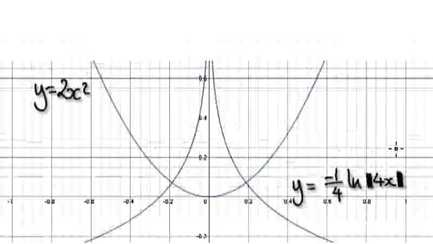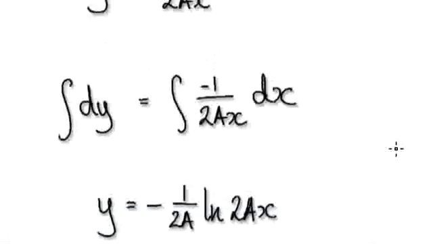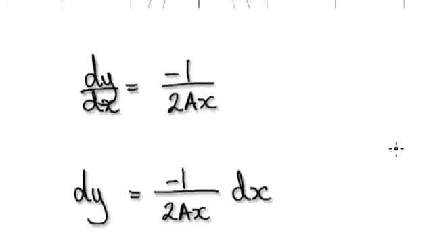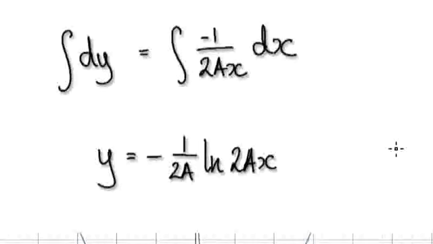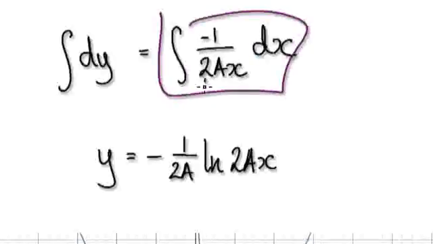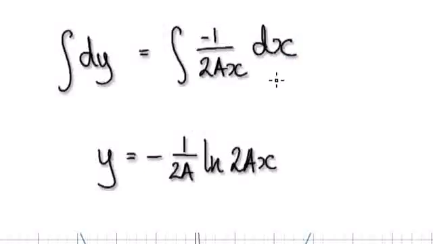Okay, and something else to note. Going back to here, when you try and find the indefinite integral of this here, you could use a method, and that would then take you to here. Or an alternative is to do this here.